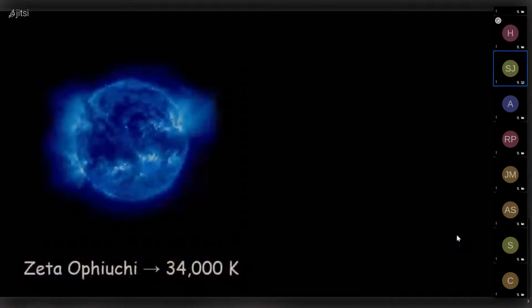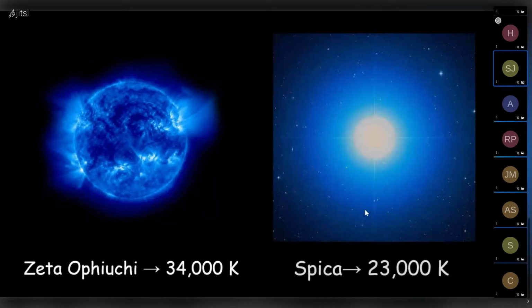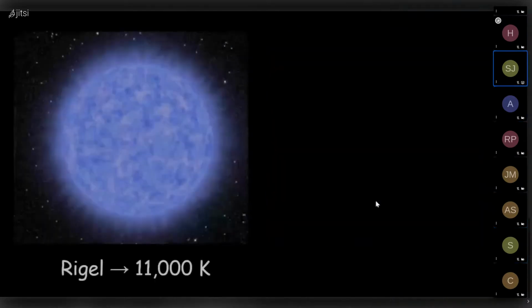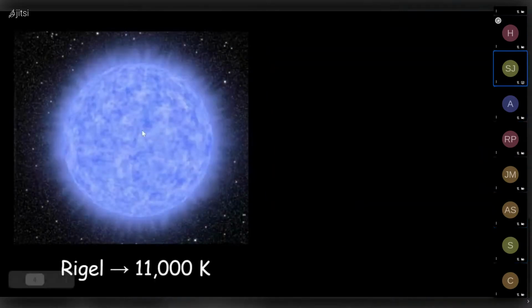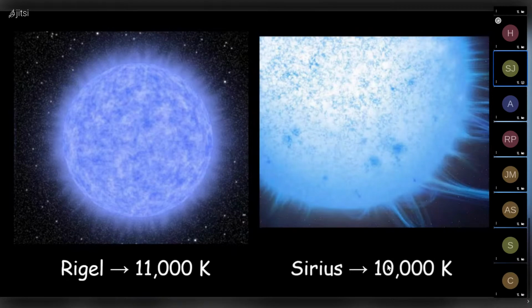So the first is Zeta Ophiuchi, which is 34,000 Kelvin, and it's slightly indigo in color. Its color is slightly bluish. And then it's Spica with 23,000 Kelvin, which is also blue. And then we have Rigel, 11,000 Kelvin, and it's slightly dark blue or slightly indigoish blue still. And then Sirius, now its surface temperature is 10,000 Kelvin, and the blue has been reduced a little.